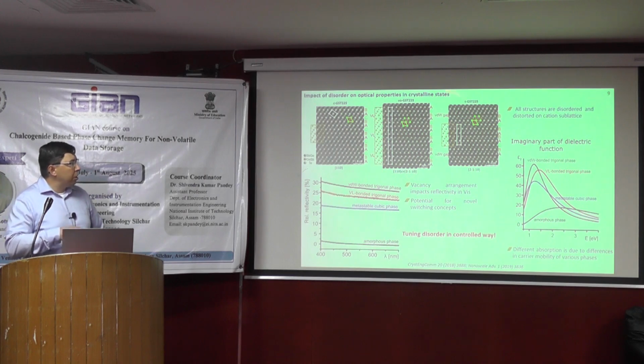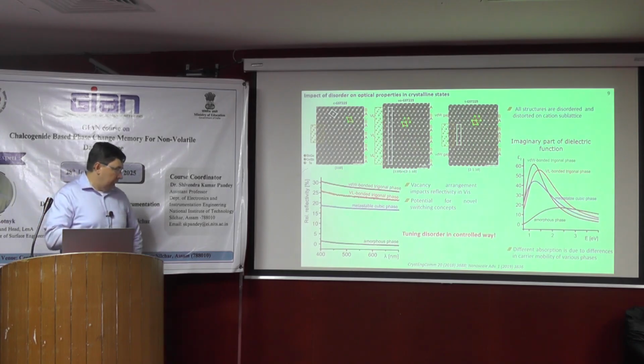They are known as epitaxial thin films, and first we can see differences in the reflections of these phases: amorphous is the low reflectivity phase, and crystalline phases are the highly reflective phases.